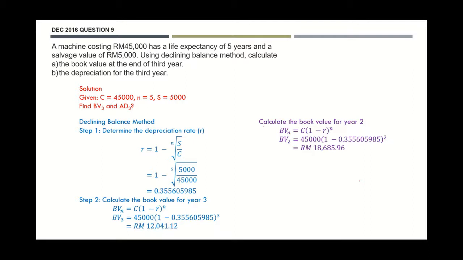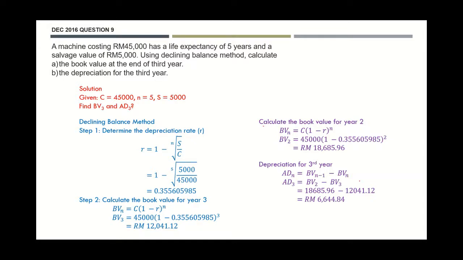Okay. So once you have the values for BV2 and BV3, you can calculate the depreciation for the third year by taking the difference between these two values. In this case, ADn is given by BV(n minus 1) minus BVn. So when you substitute n with 3, AD3 is equal to BV2 minus BV3.